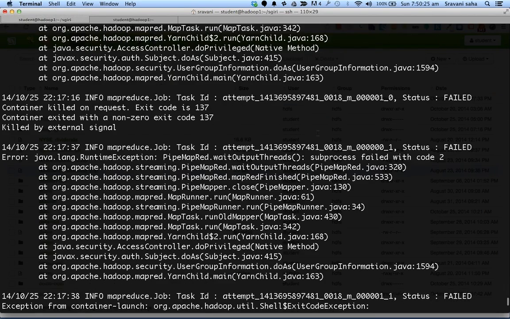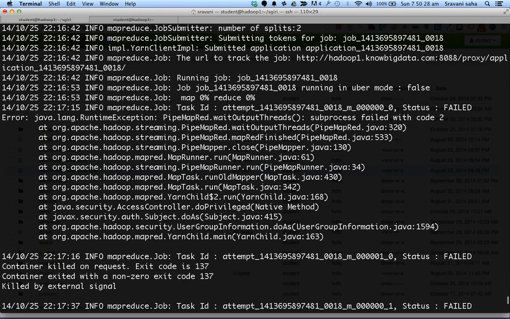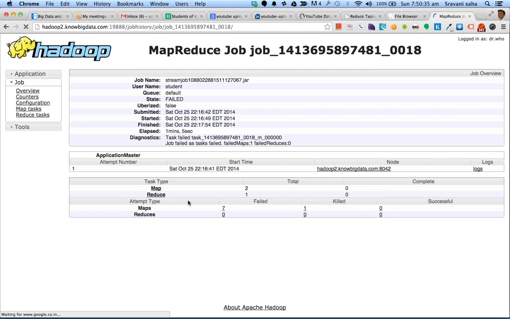Let's see a further detailed message here. This is the URL to track the job. It says there were seven attempted maps, all of them failed, and none was successful.